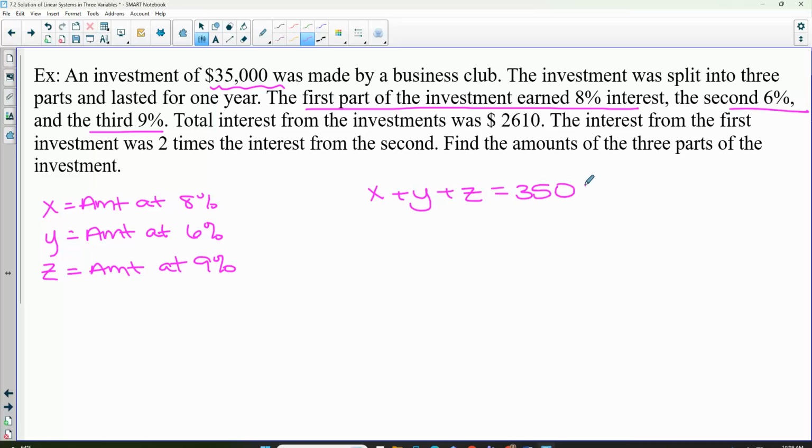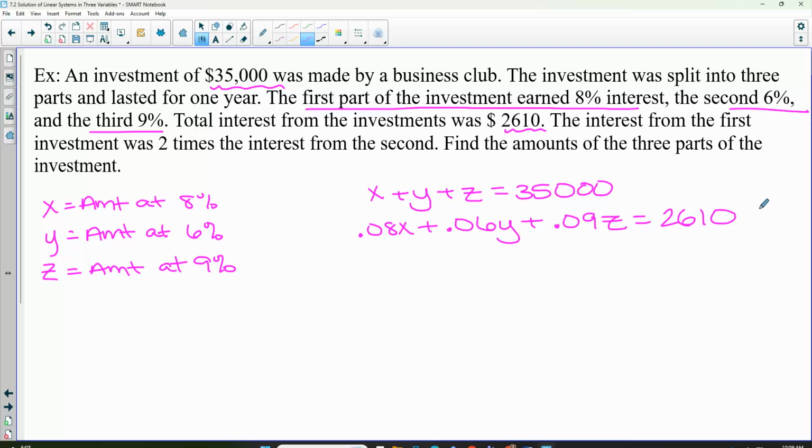And how many equations am I going to need? 3. Okay, the total interest was $2,160. So what's my next equation? So just our variable times the percent.